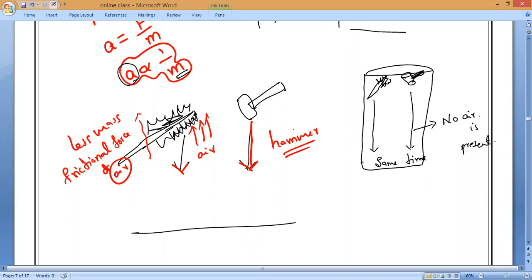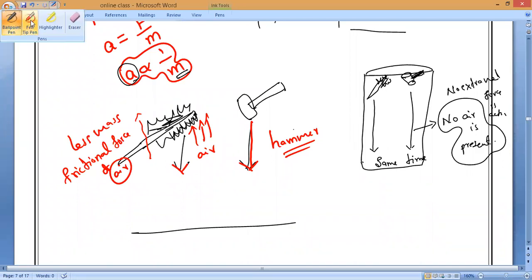When, guys? When no external force is acting. No air is present. Understanding? No external force is present, so only one force is acting here. What is that force? Anybody can tell me? What is the one and only force acting?